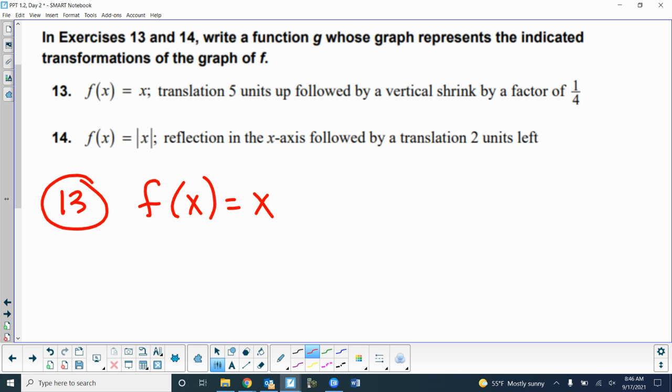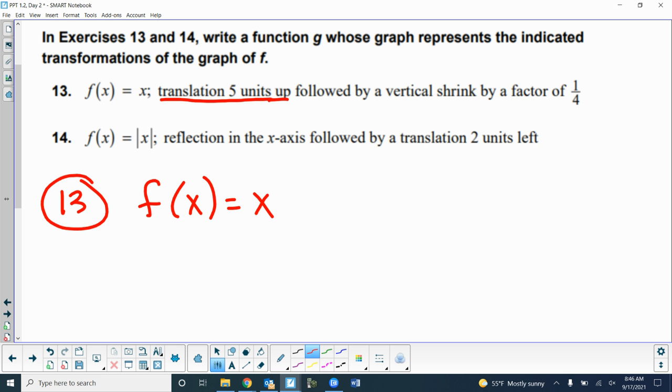Okay, we do one at a time, so we're going to do the translation 5 units up first. When it's up or down, where does that number go? Outside of it. Positive is up and negative is down.